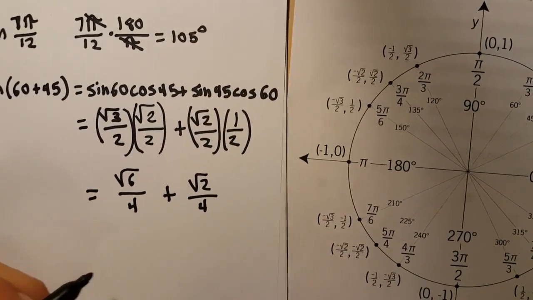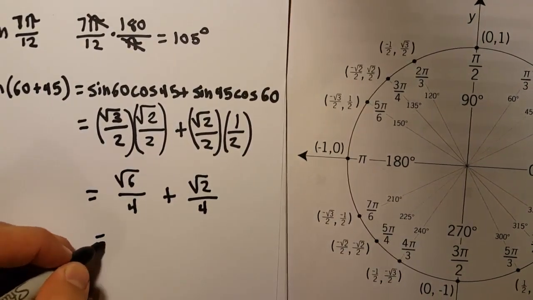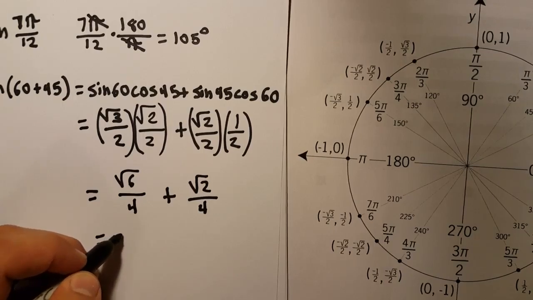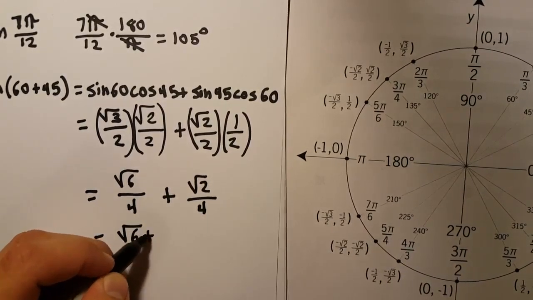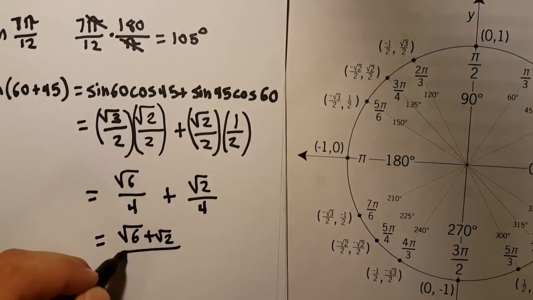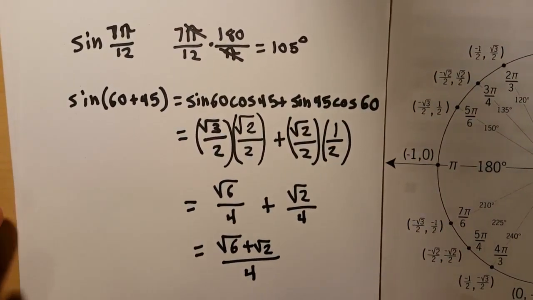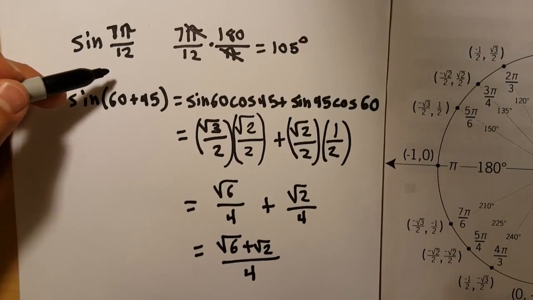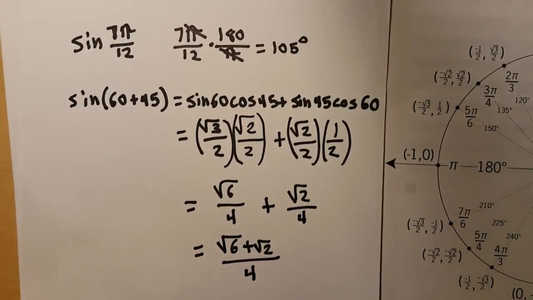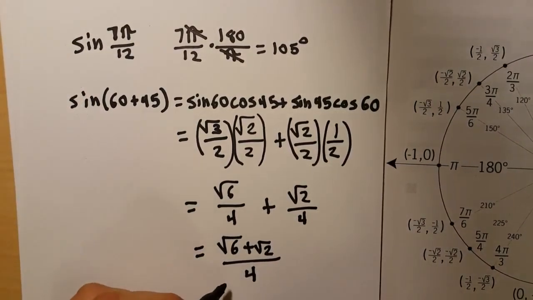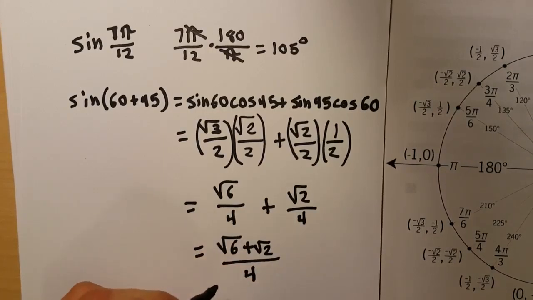Now we see that it simplifies down to root 6 plus root 2 over 4. So this is how to solve for sine 7 pi over 12. This is going to be your answer, the exact answer.